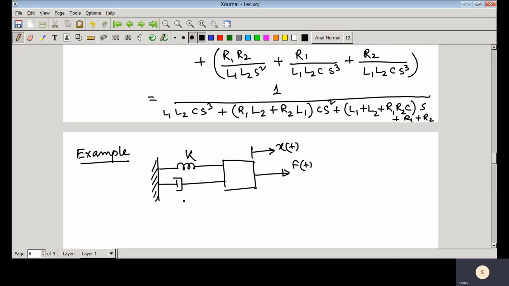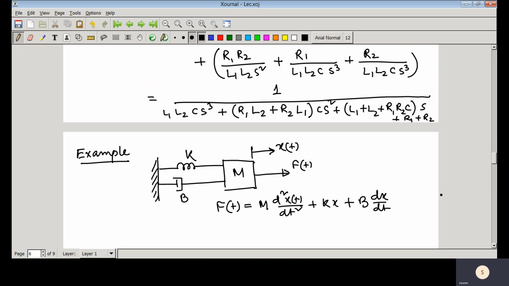Spring constant is k, the damper viscous coefficient is b, and mass is m. So for this particular spring mass damper system, what would be the differential equation? That is Ft equal to m d2 xt by dt2 plus kx plus b dx by dt.